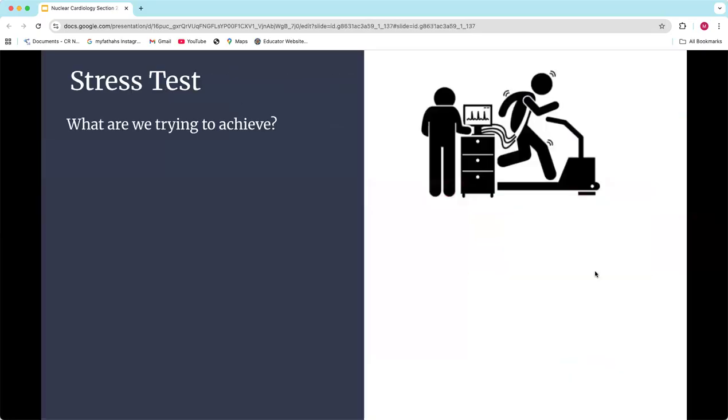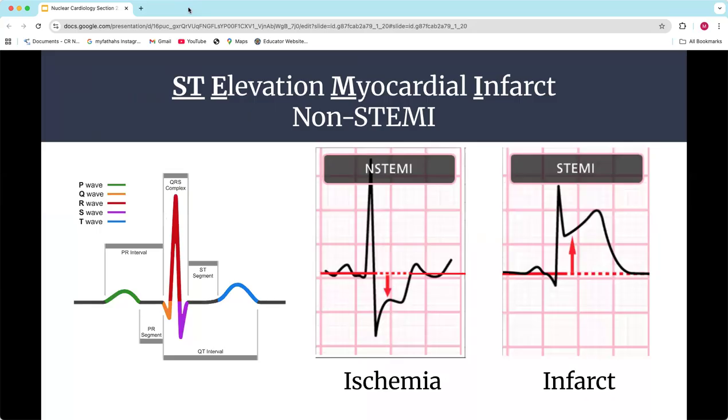Okay, let's talk about stress testing. Okay. I swear I had another slide in there. That's weird. Do you guys have a question? Do you guys have a picture of an EKG? Did any of you download the PDF?